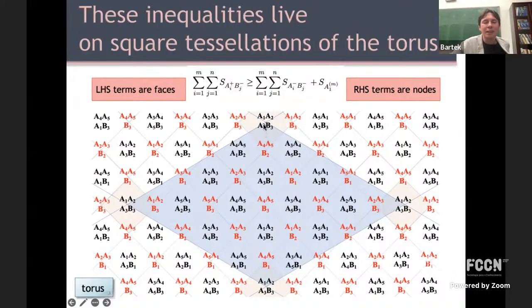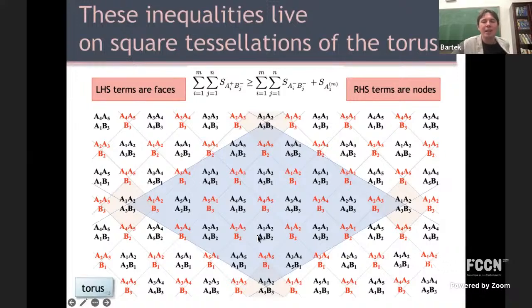What's kind of amazing about this inequality is that when I apply these rules, I find that every left-hand side term, so every face is, okay, I'll say this in a moment. And so this is the rule for how to represent the inequality on a lattice.